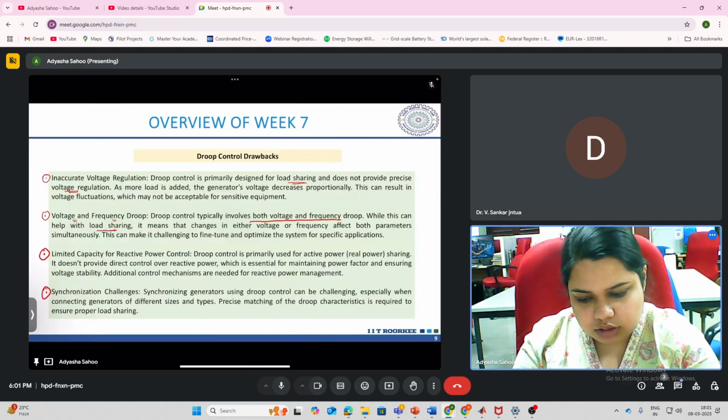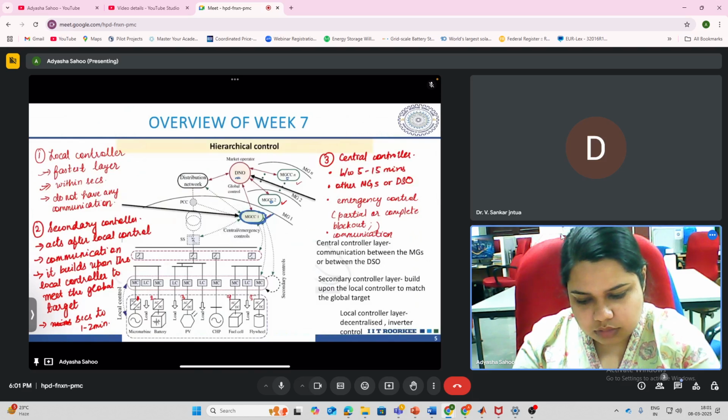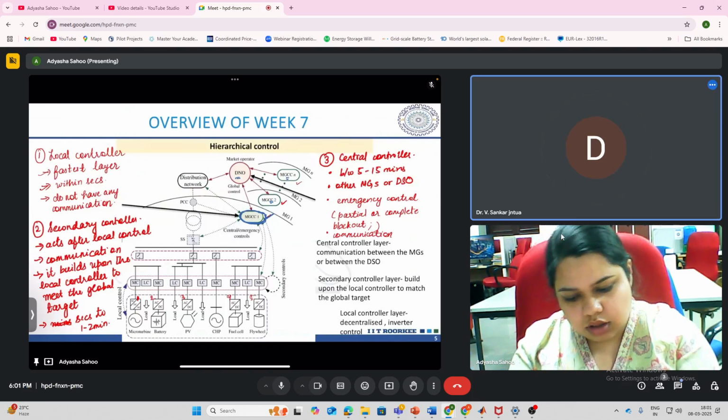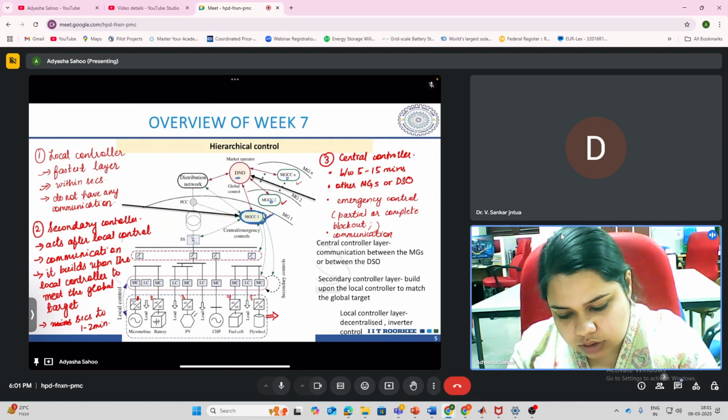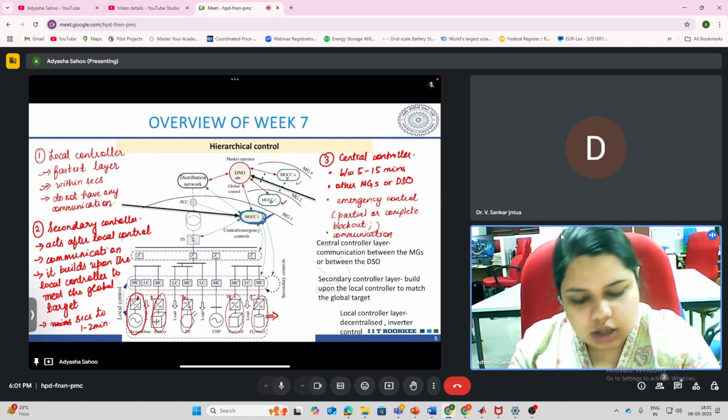Where is that slide? Yes. So the local control layer that we say is for each of the inverters. This inverter is a local control. They will not communicate with each other and they will operate fast, within seconds. After they operate, this is one layer of control.